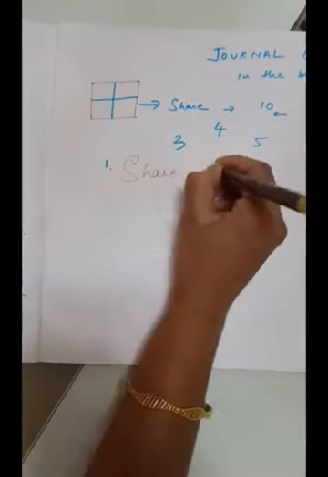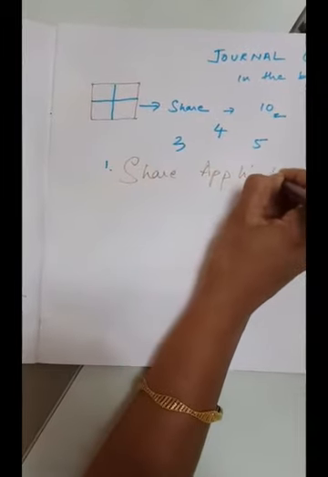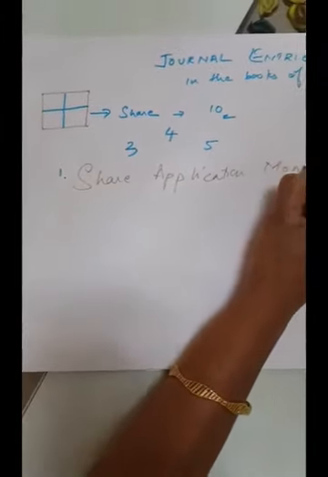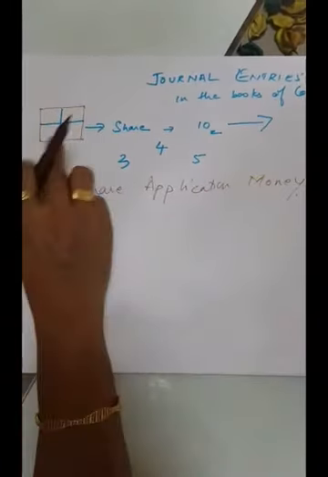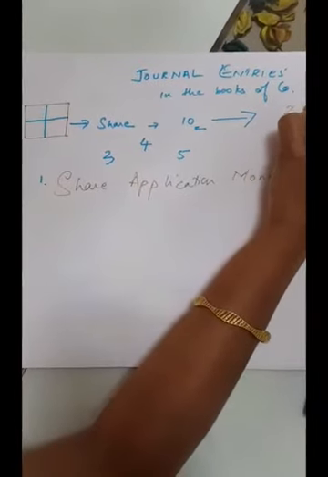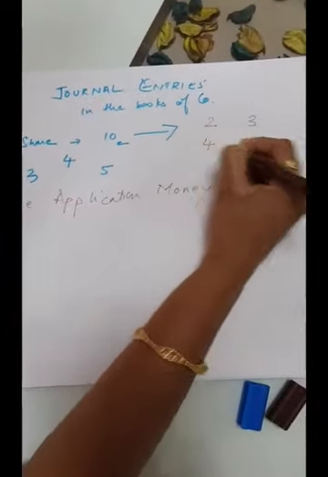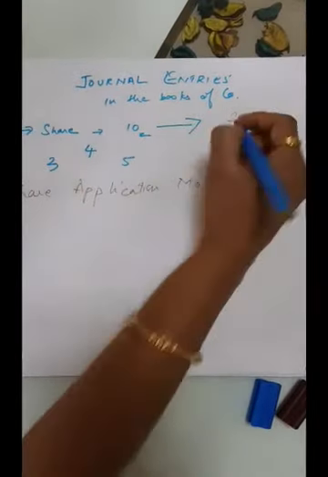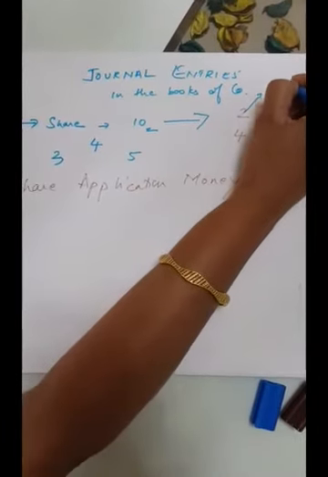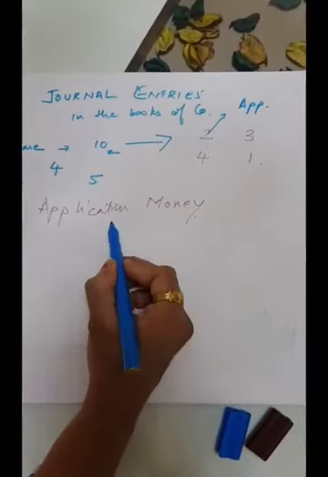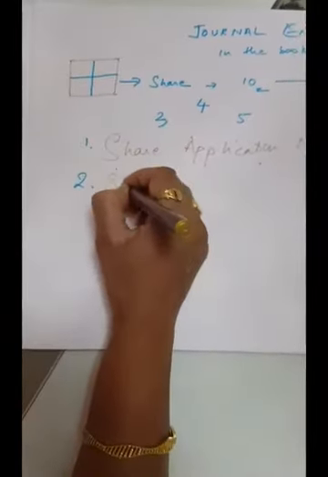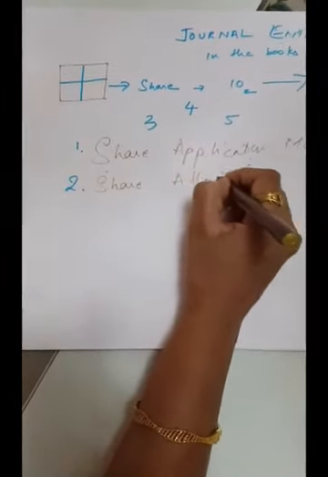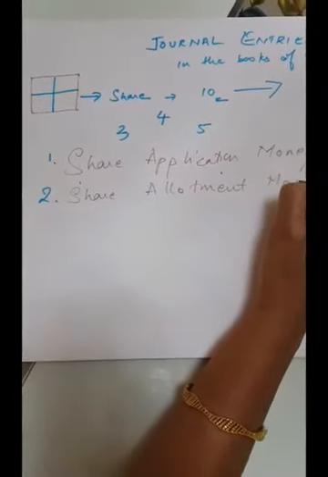The first one is known as share application money. For example, this share of 10 rupees, supposing we divide it into 4 parts, say 2 rupees, 3 rupees, 4 rupees and 1 rupee, then the first part will be known as share application money. The second part is known as share allotment money.